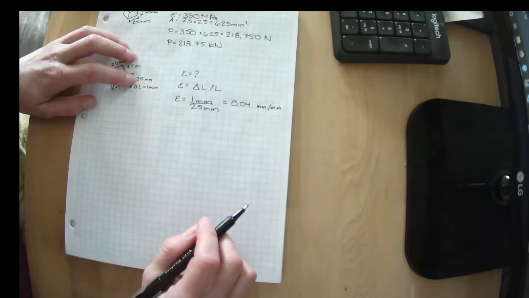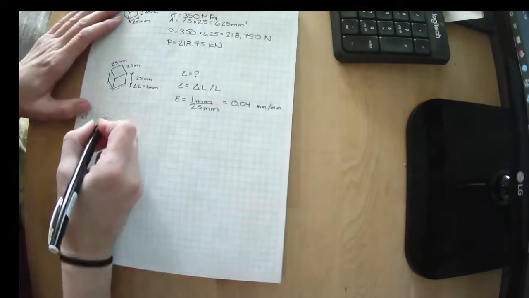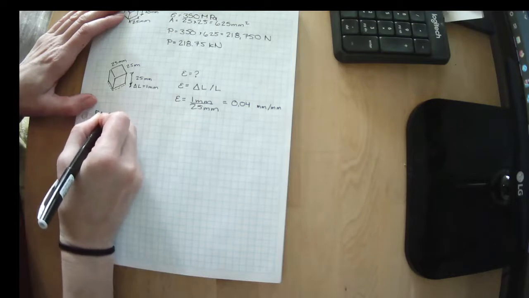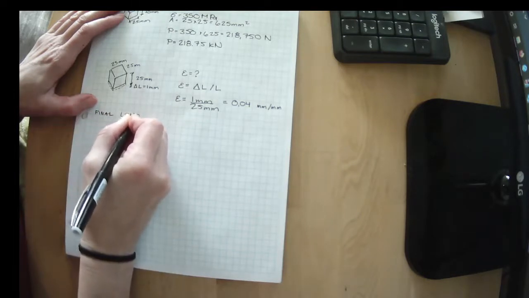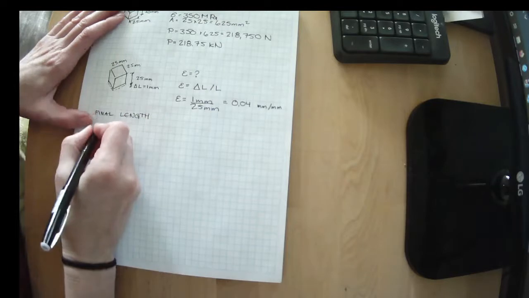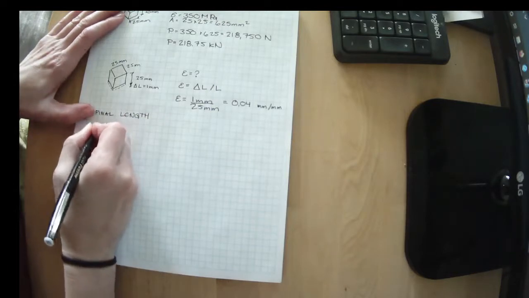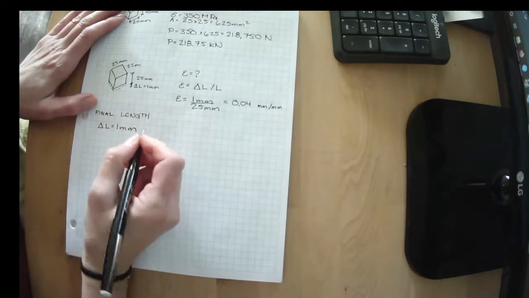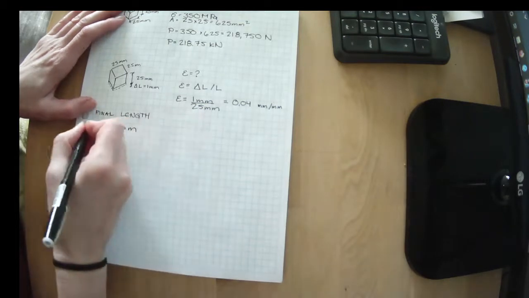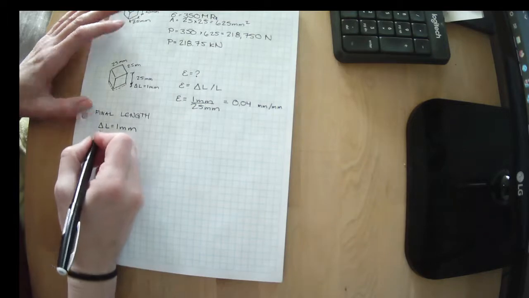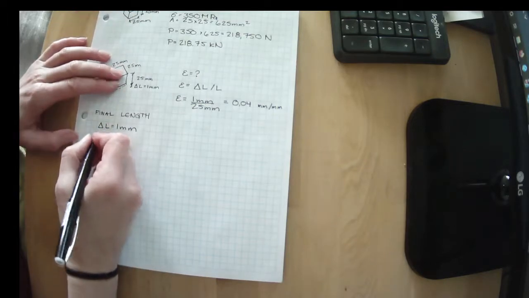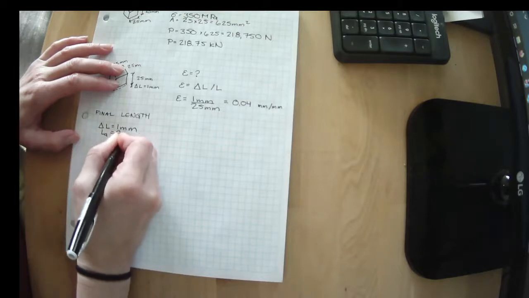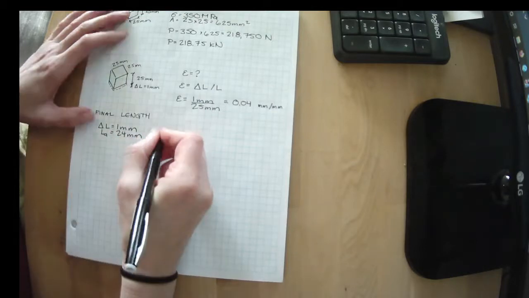Let's see what happens if we use the final length. We have our delta L is still 1 millimeter. Let's take a look at it if it was in compression. So if we had squashed this 1 millimeter, this would be 24 millimeters now.